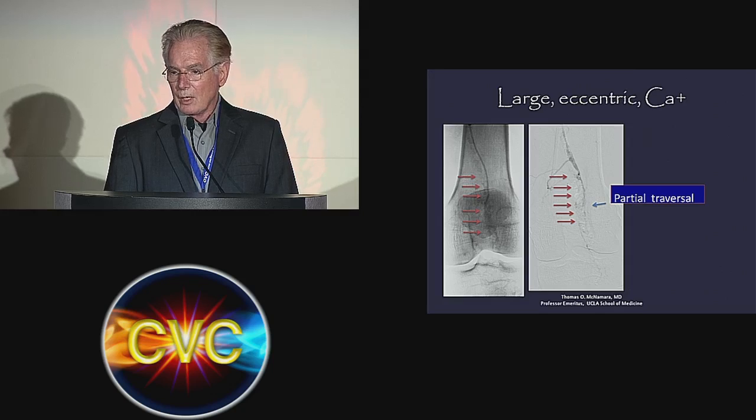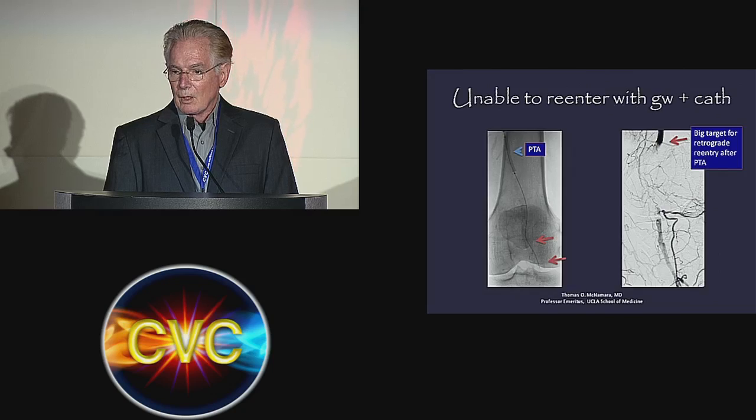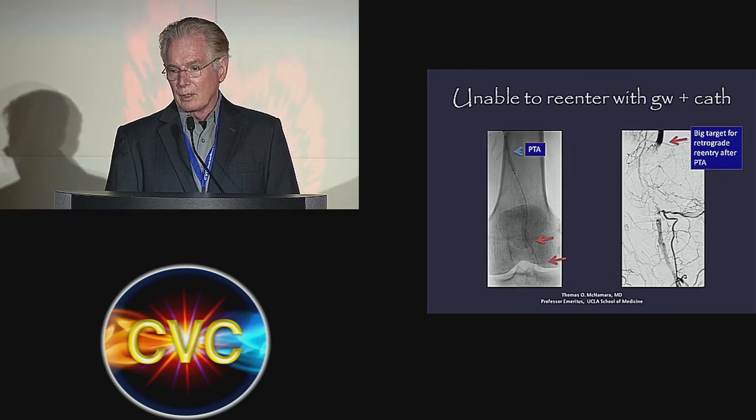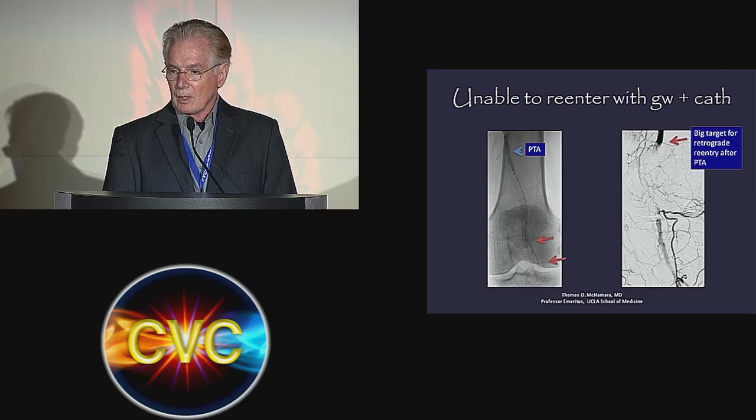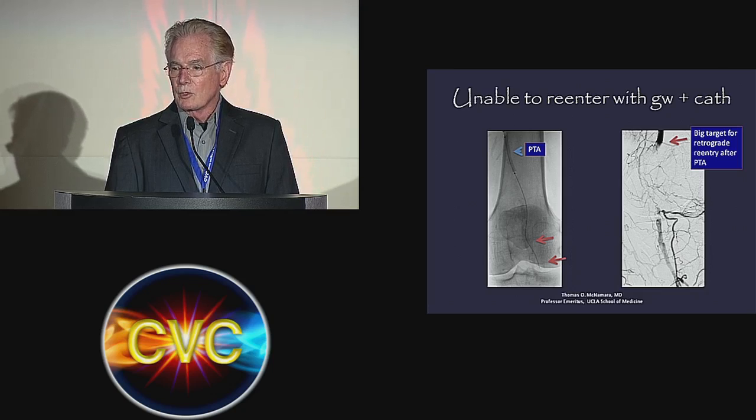The arrows try to show you the size and volume of this clot, which, as you can see on the image on your left, was very heavily calcified. We progressed on down, trying to dilate the tract to see if that would assist us. Sometimes, in our experience, that will, but the guide wire would not re-enter. But we did leave a large target where we had done the angioplasty for potential re-entry from a retrograde approach.